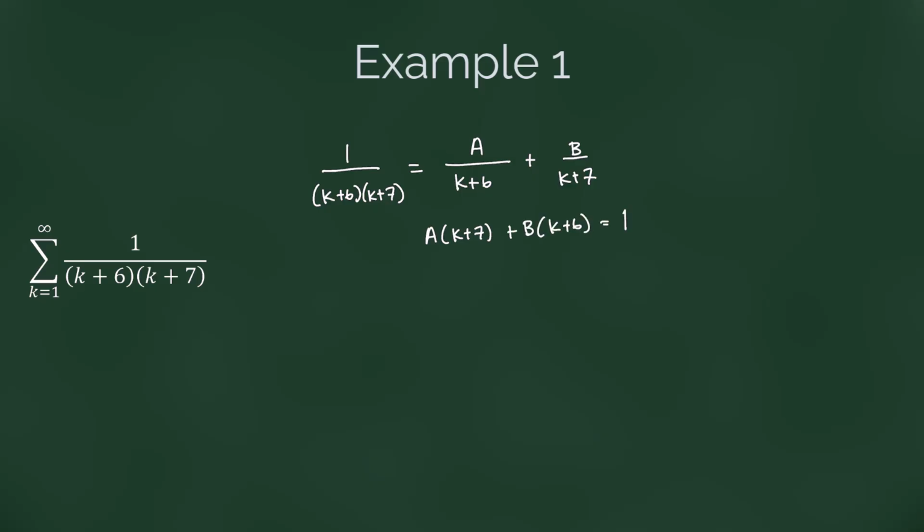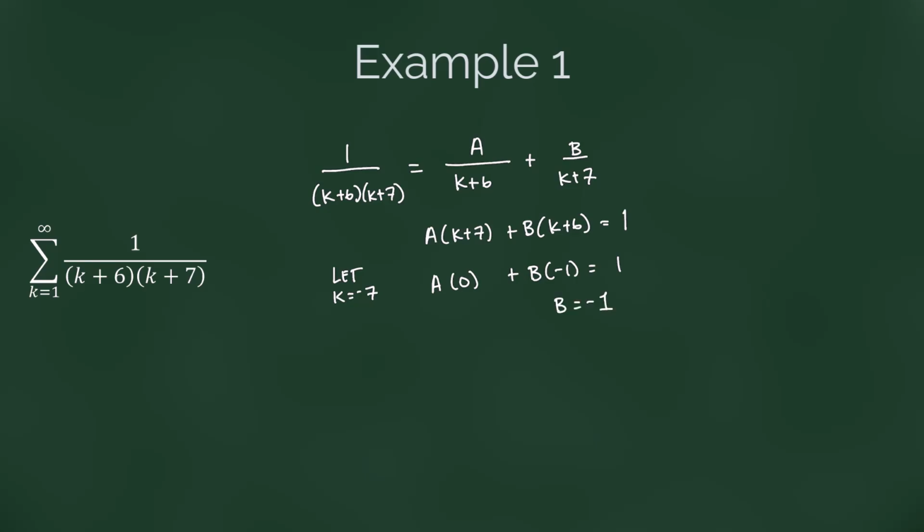That comes from multiplying both sides by the denominator on the left. Now we can let k be equal to -7 because we know that this expression has to hold true for every value of k. So when k is -7, we get a times 0 plus b times -1 is equal to 1, which tells us that b itself must be -1.